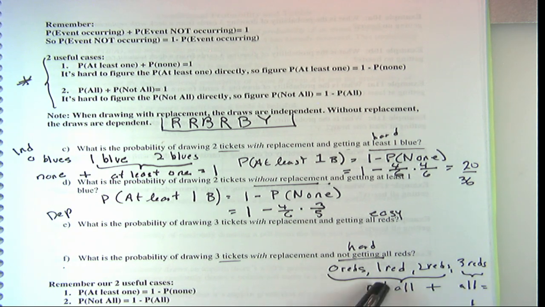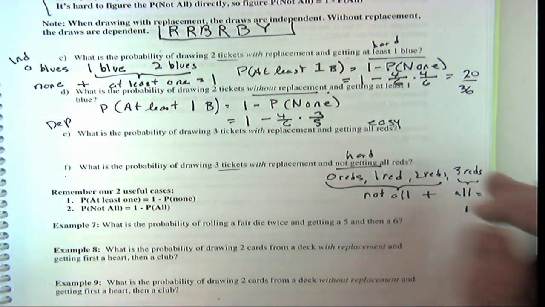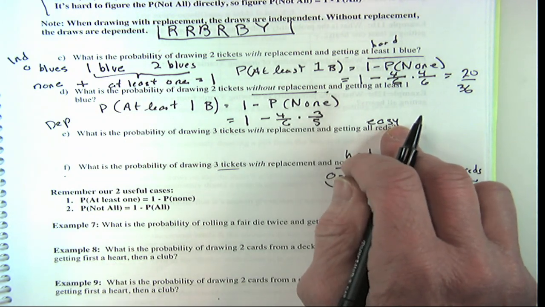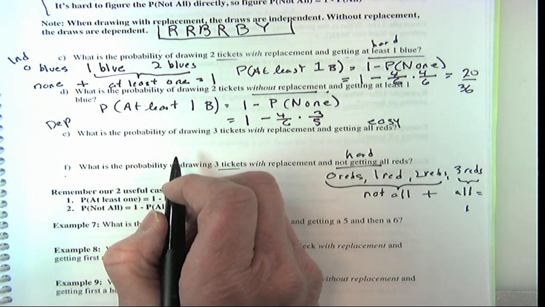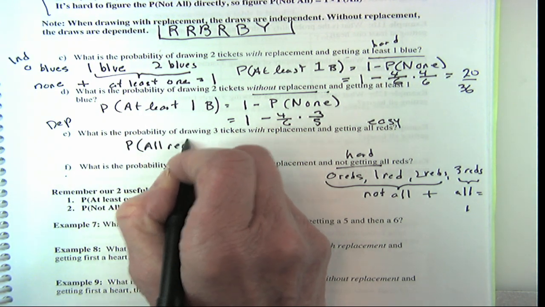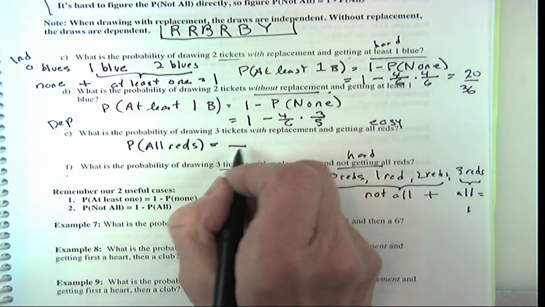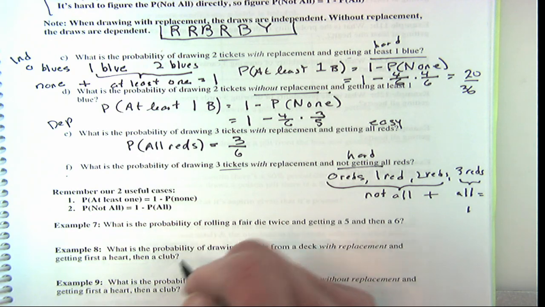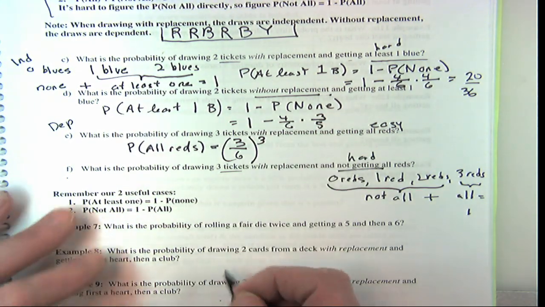So this one's easy, but look at all the ways you can get not all. So this easy one is what? So this is just going to be the probability of all reds is equal to what? There's 6, and there's 3 reds. So it's just 3/6 times 3/6 times 3/6.